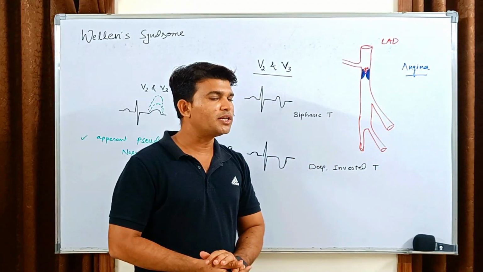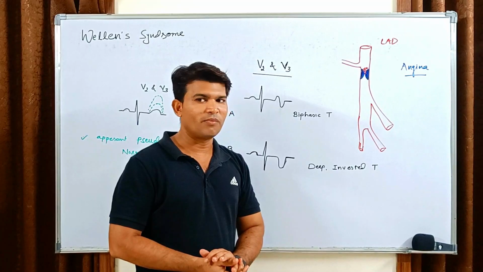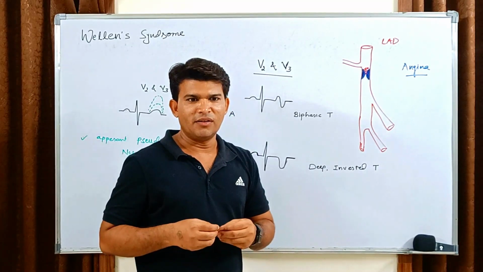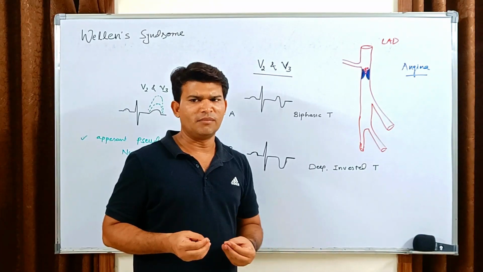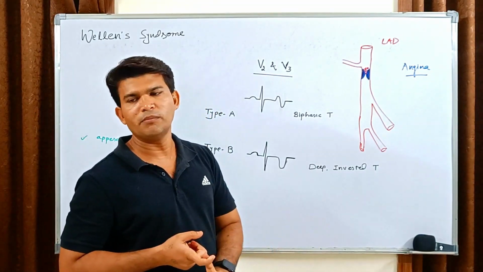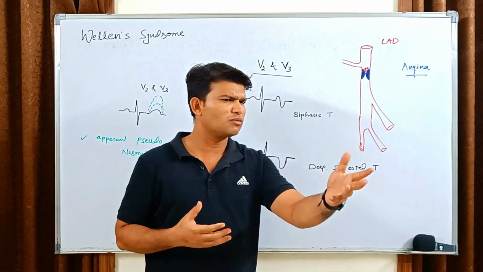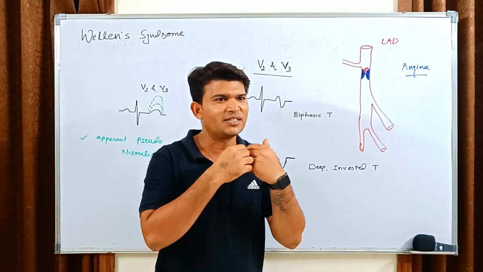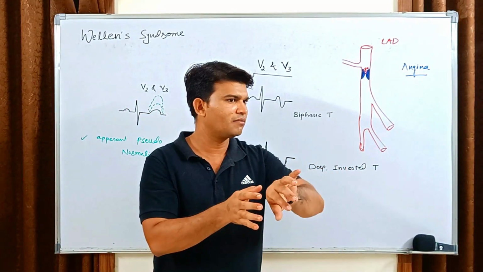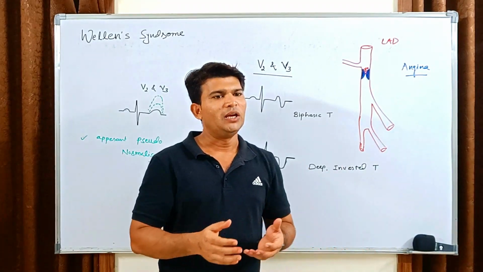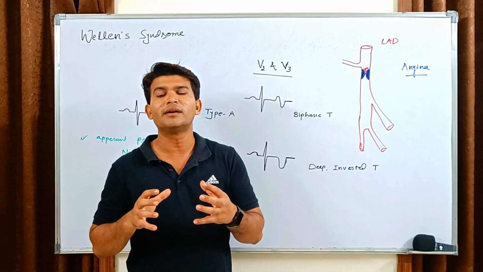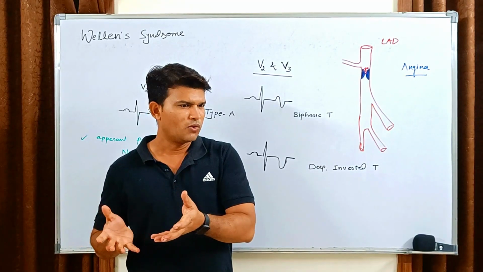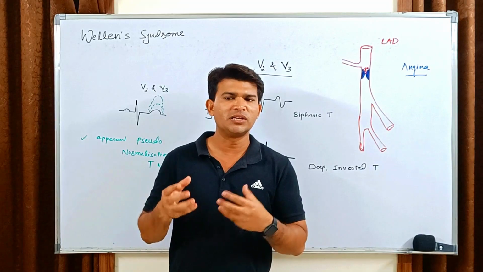So if you are not serious about the condition and say okay, we will go for the echo, echo will reveal nothing, right? But angiography must be done. Many times I have advised angiography directly. I have bypassed the echo because echo will give you a result only after significant damage is there, or structural abnormality in the initial phase.